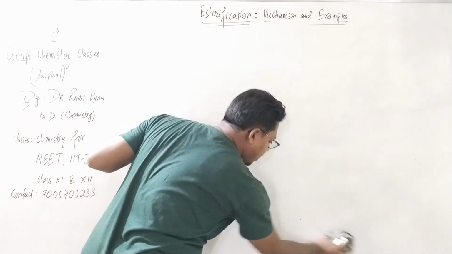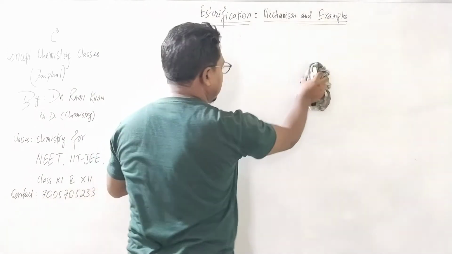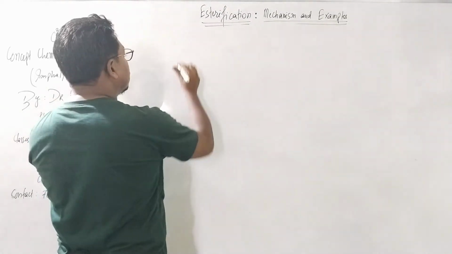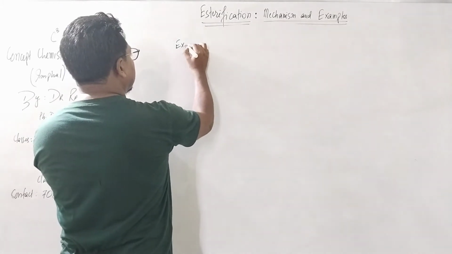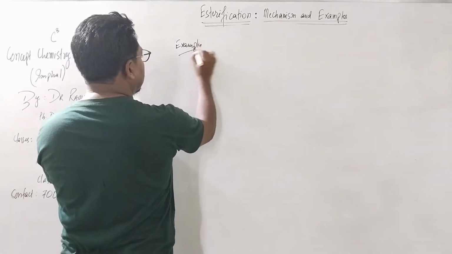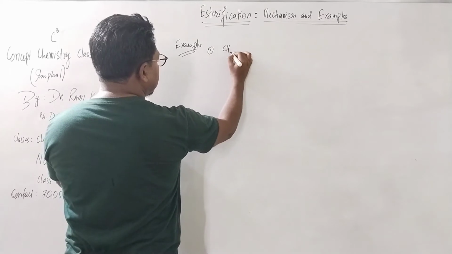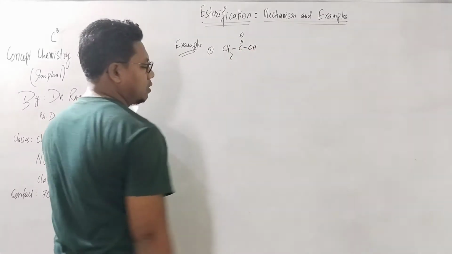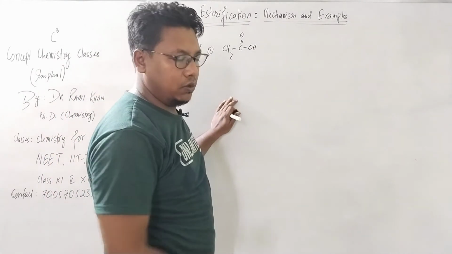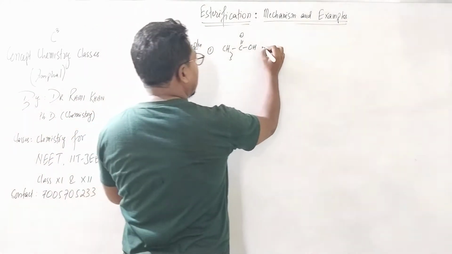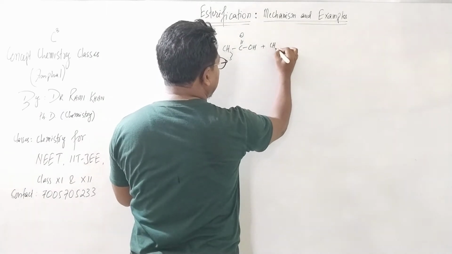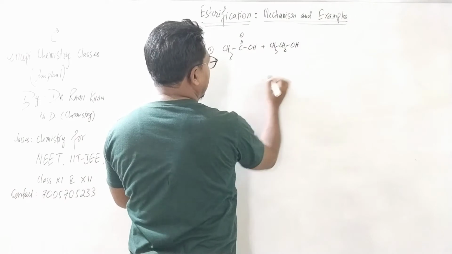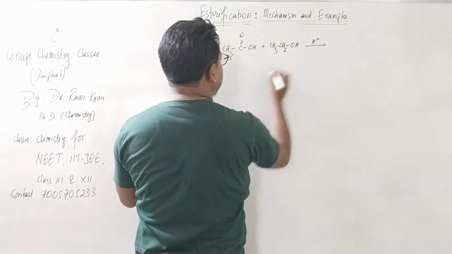Okay, now let me write some examples of esterification reaction. First example is CH3C double bond O OH. This is our carboxylic acid, ethanoic acid or acetic acid, and it is reacted with CH3CH2OH, for example, in presence of an acid.